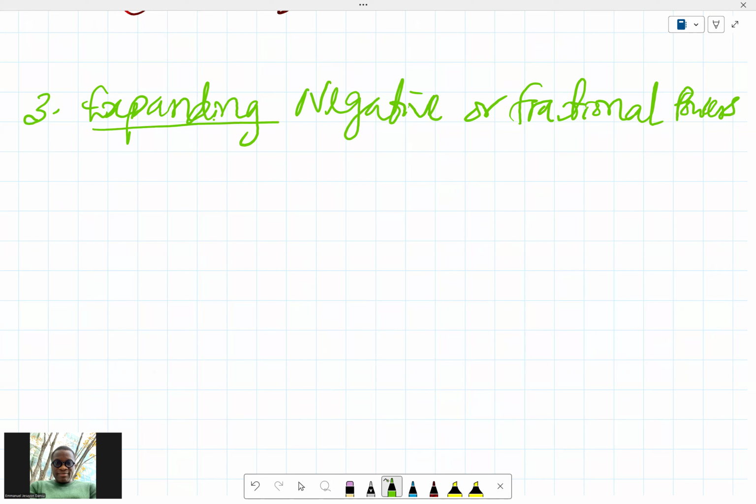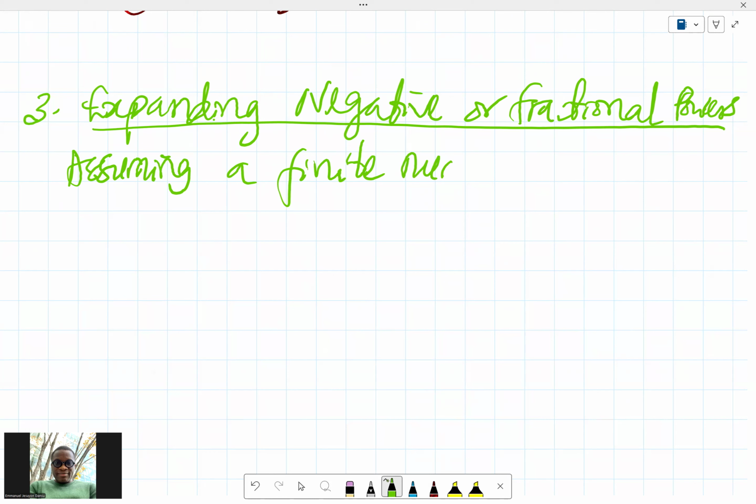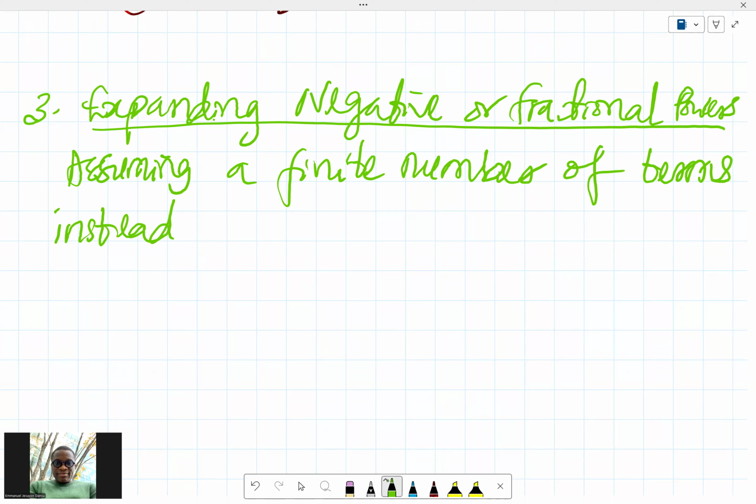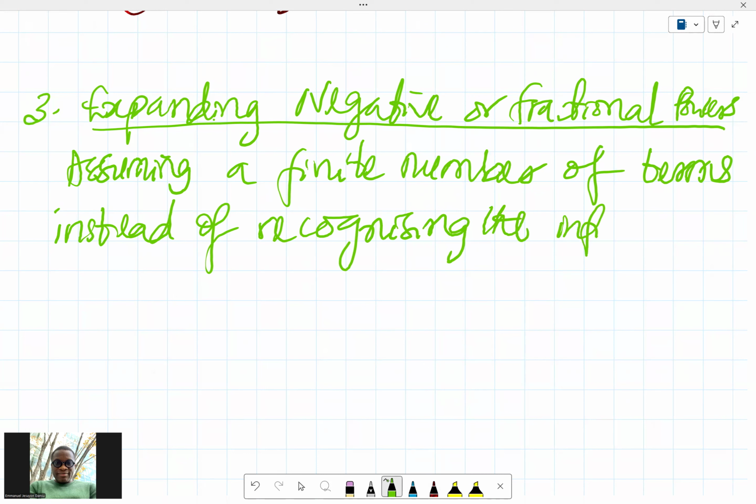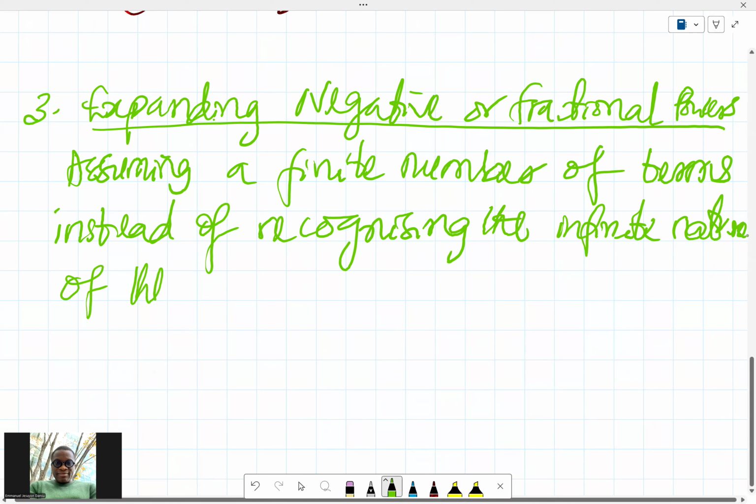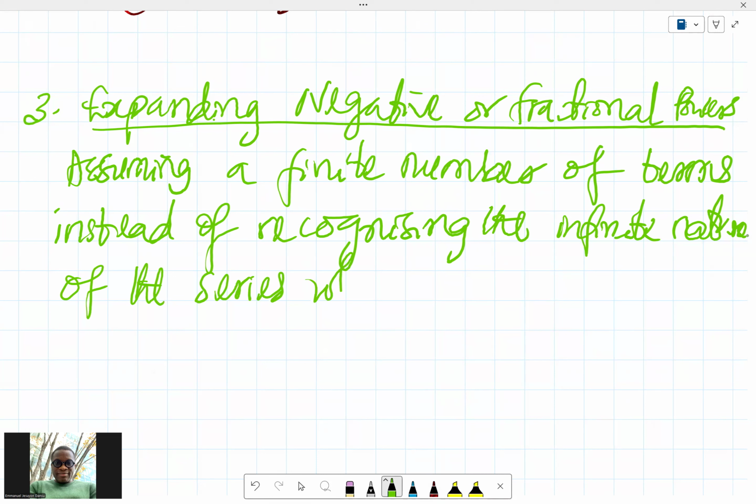When you are doing this expansion, you don't want to forget that the series is infinite. So you should not assume a finite number of terms instead of recognizing the infinite nature of the series when n is not a positive integer.